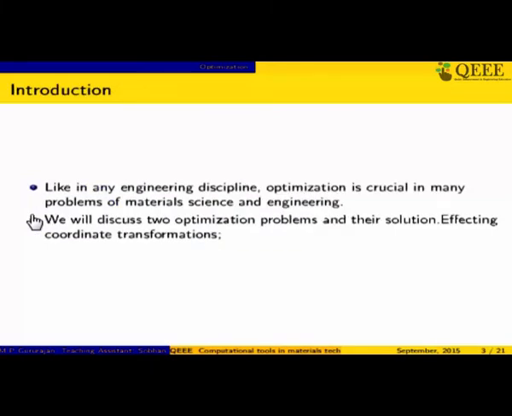Optimization is crucial. Most of our engineering problems are basically optimization problems. You know that you can do something and some property will improve, but at the same time cost will increase, or the time for production will increase, or some other property will degrade, and so on and so forth. So every time we are choosing a material, a process, or a component, we are making an optimization decision.